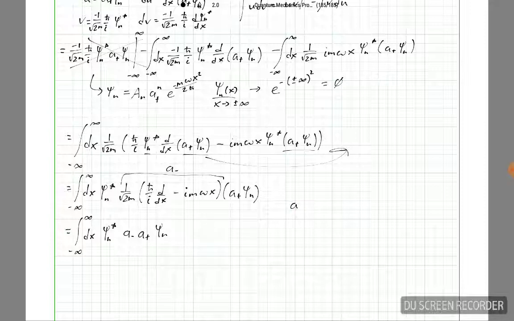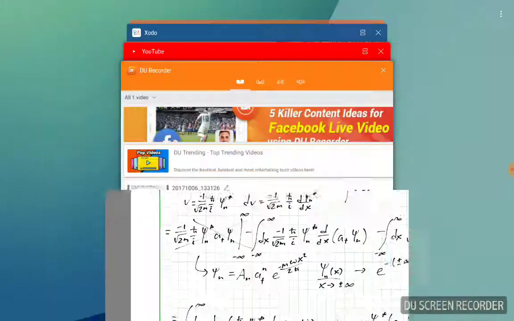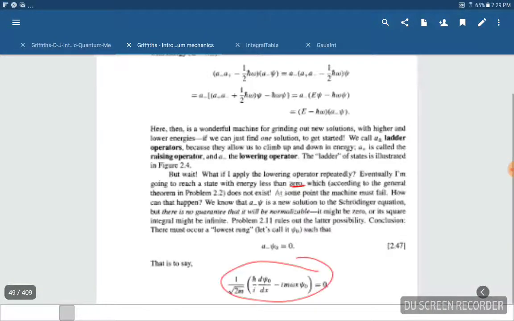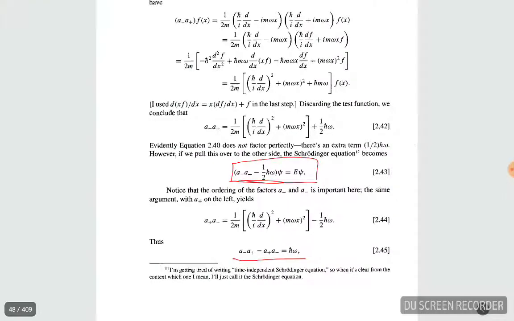Now we're going to use equation, I think it's 2.46, which we spent a lot of time in that section getting. Oh, actually, I think this is 2.43, one of those. Let's take a look. 2.43.